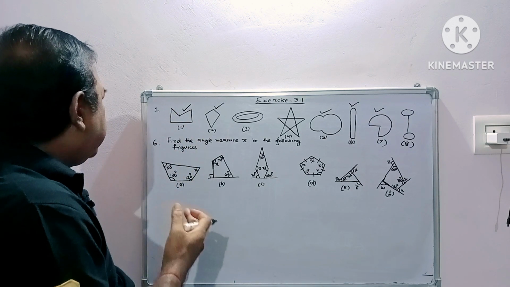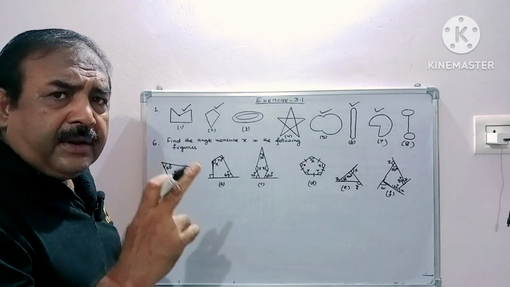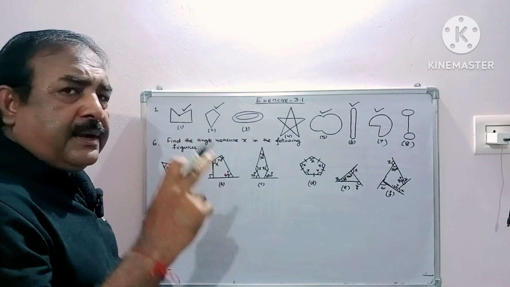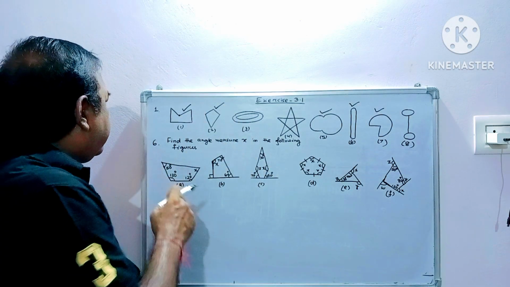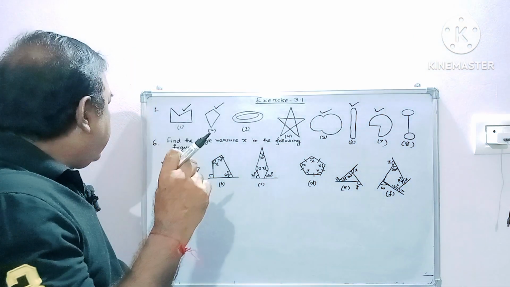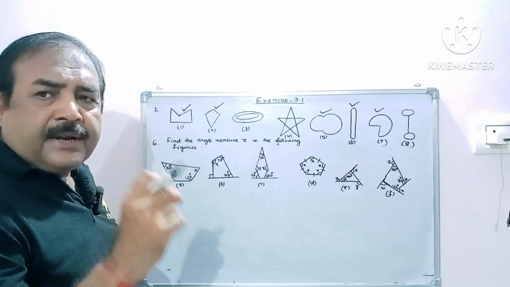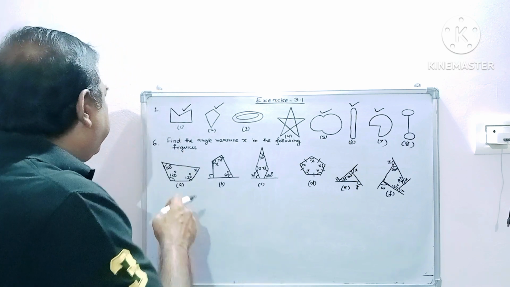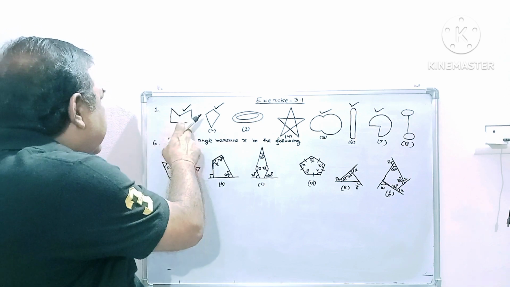And in another way we can know. You see, one of the interior angles must be greater than 180 degrees. The measure of at least one interior angle must be greater than 180 degrees in case of a concave polygon. So it is a concave polygon.